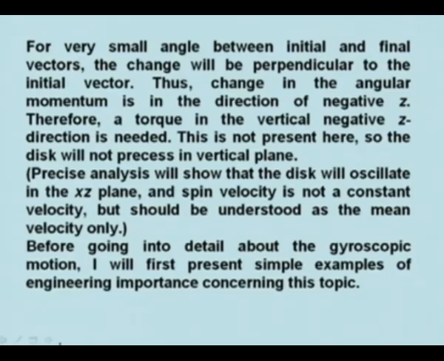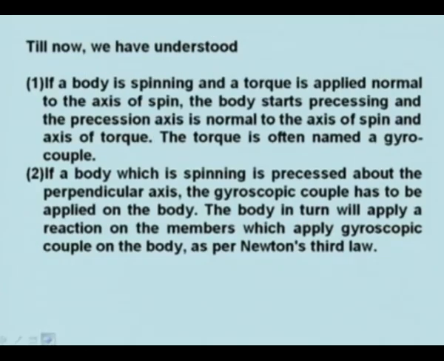Now, before going into detail about gyroscopic motion, we will first present simple examples of engineering importance concerning this topic. We have understood that if a body is spinning and a torque is applied normal to the axis of spin, the body starts precessing, and the precession axis is normal to the axis of spin and the axis of torque.